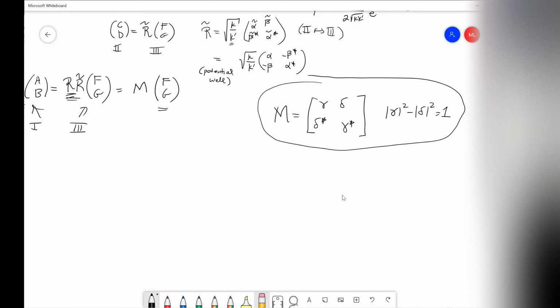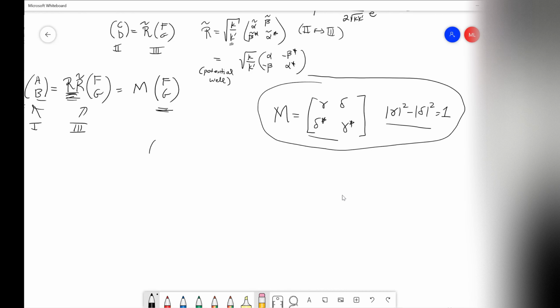We can also do more and use different properties of the potential. Say the potential is even. Then we can use that symmetry to constrain this equation between A and B and F and G even more. And of course you can prove all this independently of R and R star.